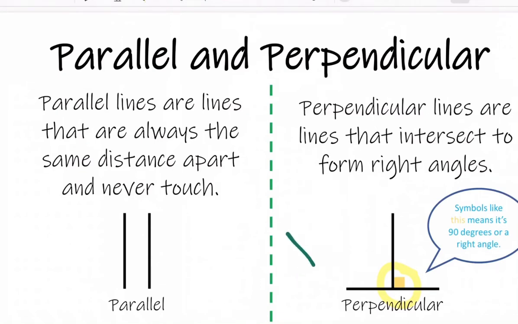There we go. This is a right triangle. It usually looks like that, and it has a right angle. So it would have a perpendicular line that intersects at a 90-degree angle.